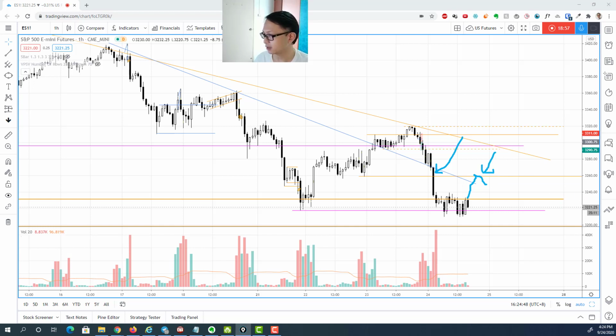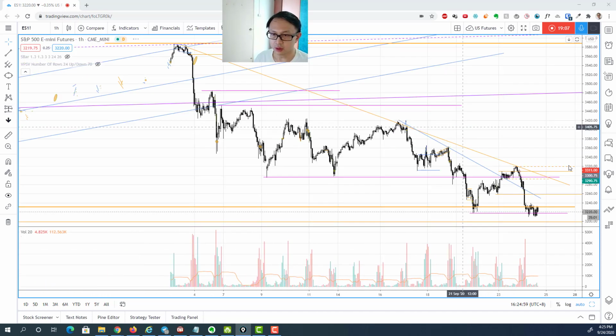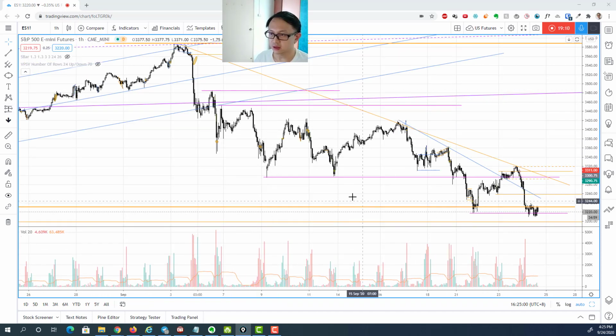So quite a number of things you can foresee or anticipate in some of the trading scenarios. So overall, it's still within this downtrend or the falling wedge. So we'll see just how it actually plays out.